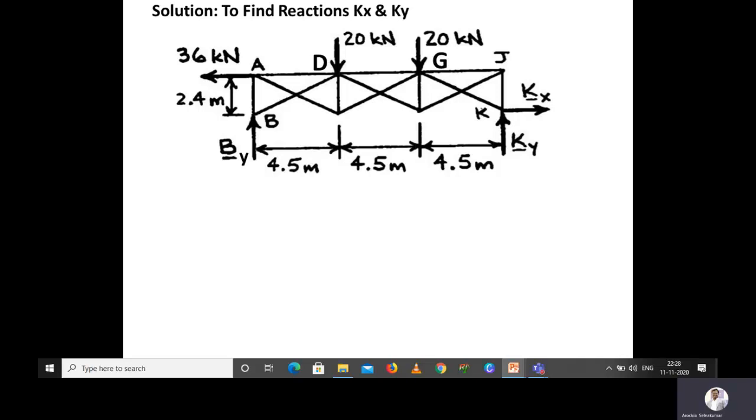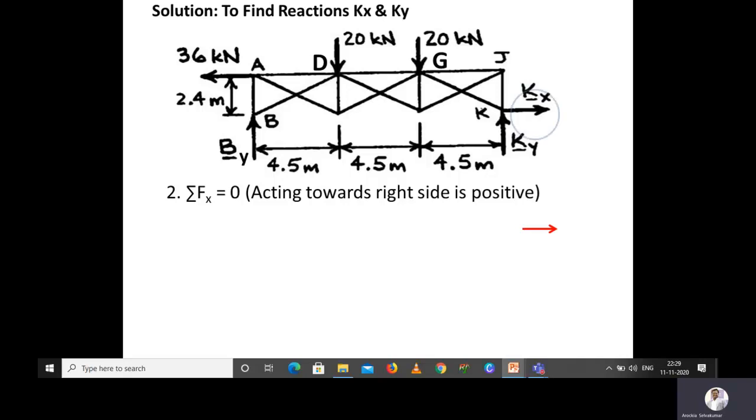So Kx is related to the horizontal force component. So we are having another equilibrium equation, that is, you know that summation of forces acting along x direction is equal to 0. That is acting towards right side is positive, we are taking. So you know that Kx is acting towards right, so it is positive, and 36 kilonewton is acting towards left, that is negative.